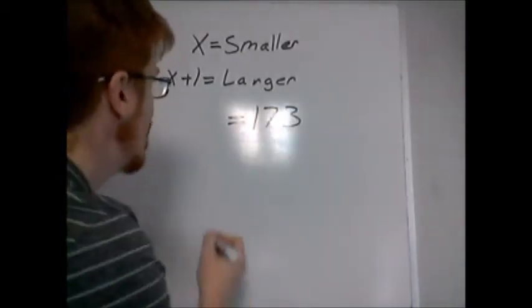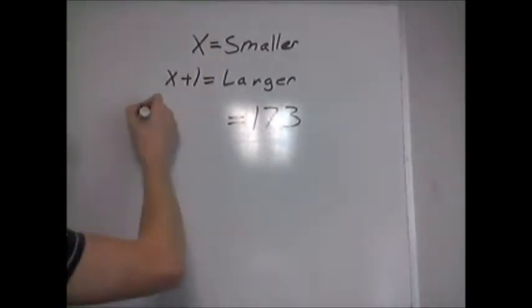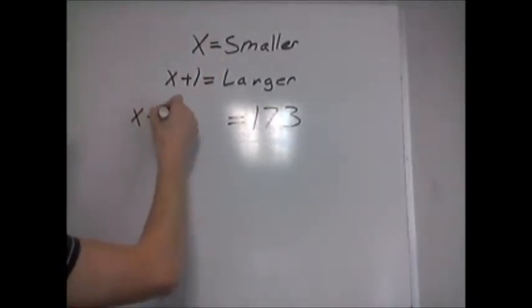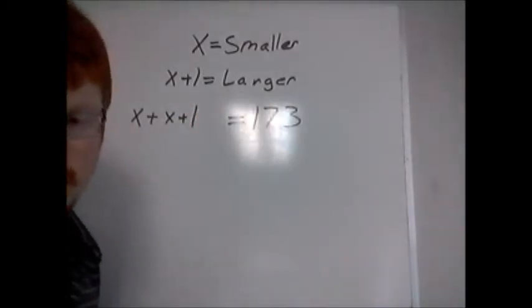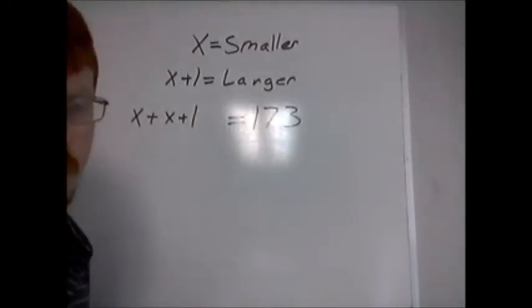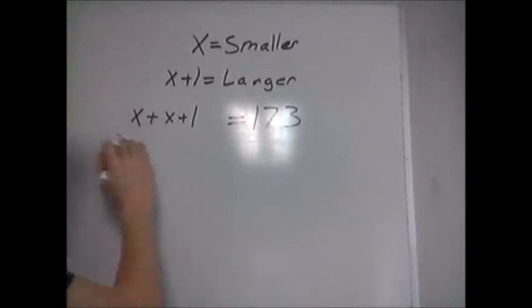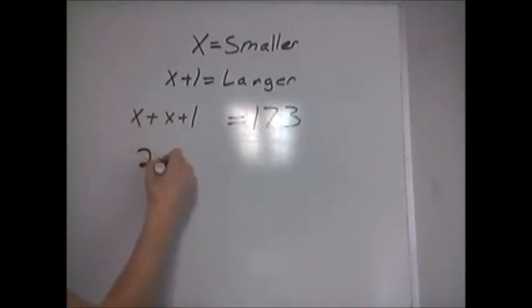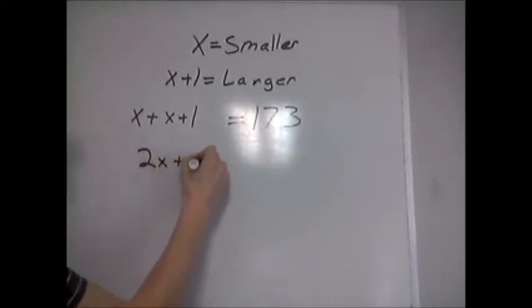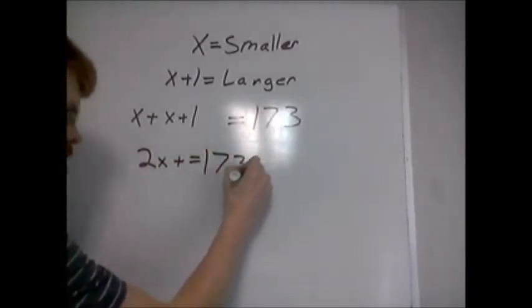Okay? Then we simply put these 2 added together, x plus x plus 1, equals 173. This is very simple to do. So you go through and combine your like terms. We have 2 x's. So it's 2x plus 1 equals 173.